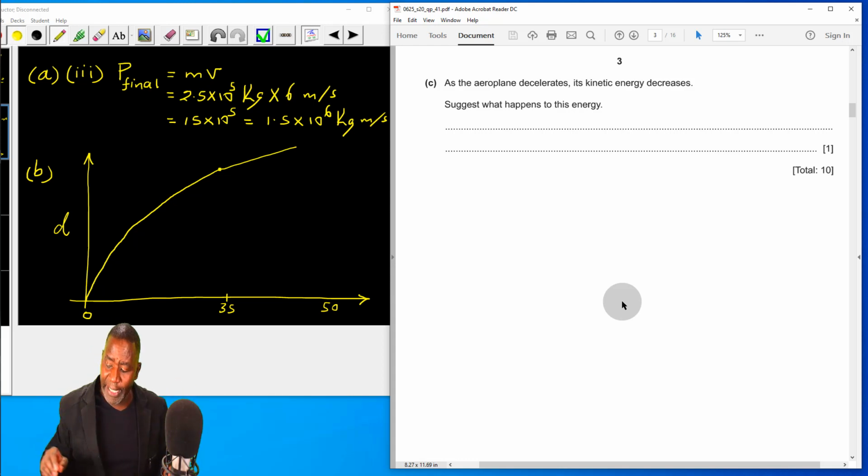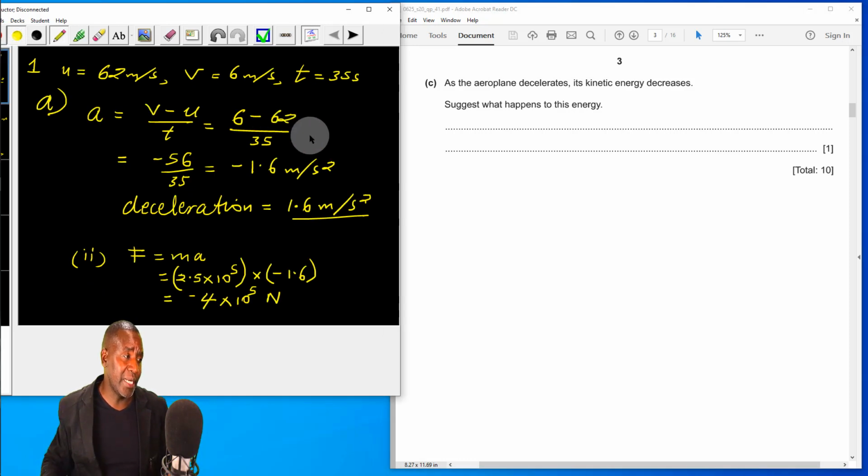Let's quickly recap what we've been able to learn in this particular question. Number one, we've been able to review the concept of kinematics. How do we calculate acceleration? Then dynamics. How do we use Newton's second law of motion, F equals ma, to calculate either the resultant force, the mass, or the acceleration?